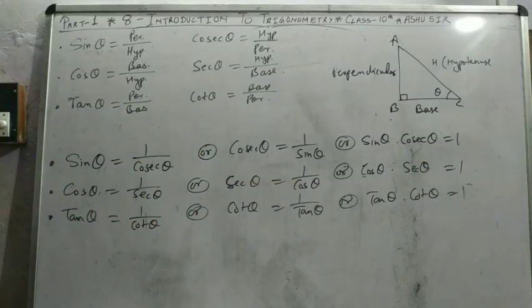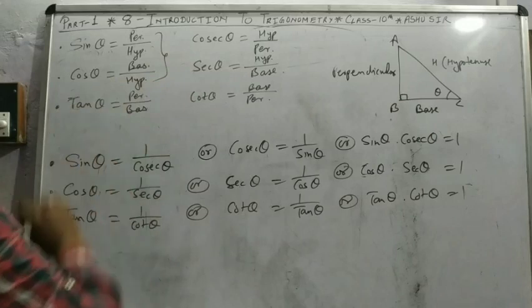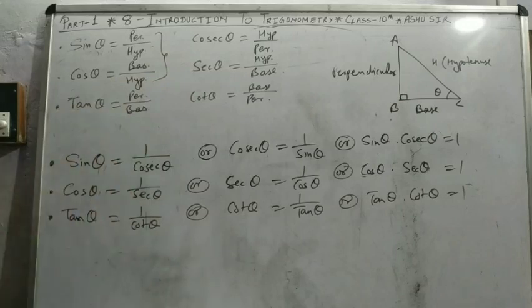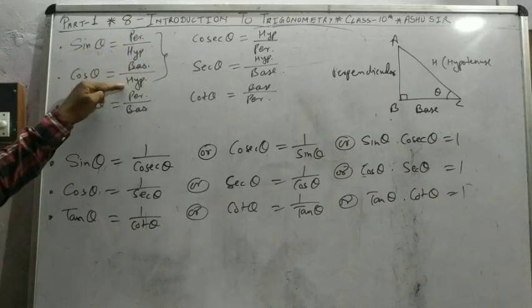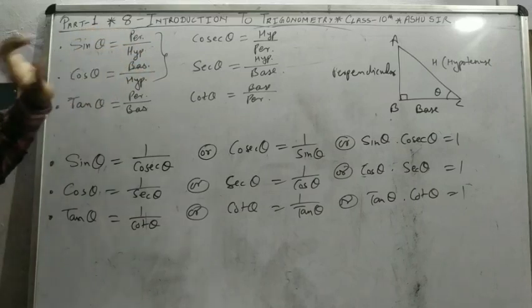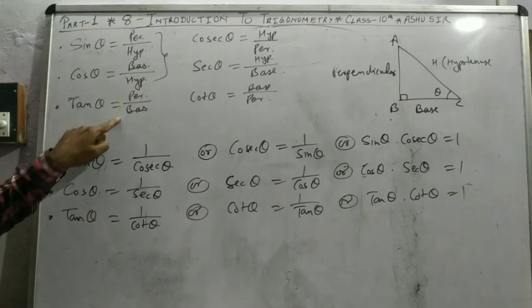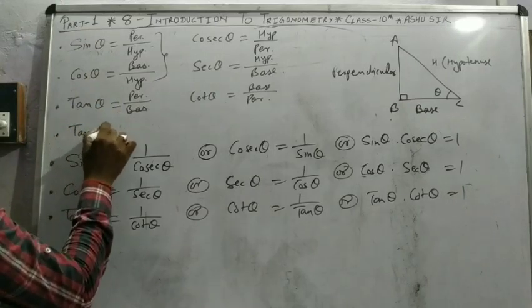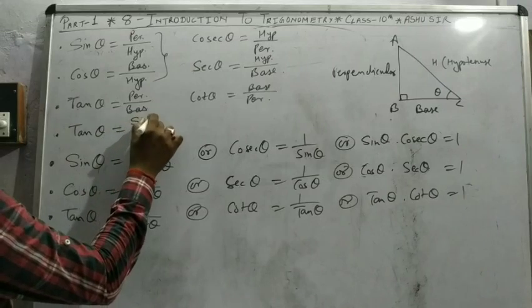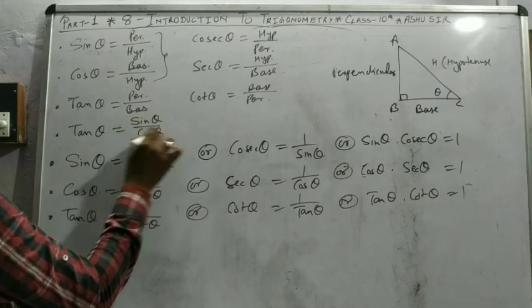And also if you divide these two, you can see this upon this, hypotenuse cancels, P upon B, and that is equal to tan. So you can also say tan theta is equal to sin theta upon cos theta.